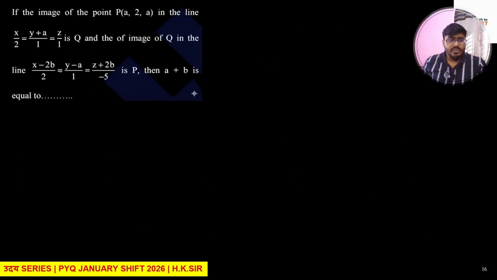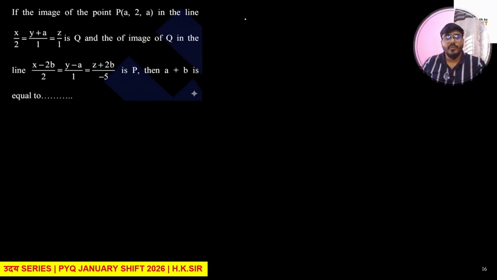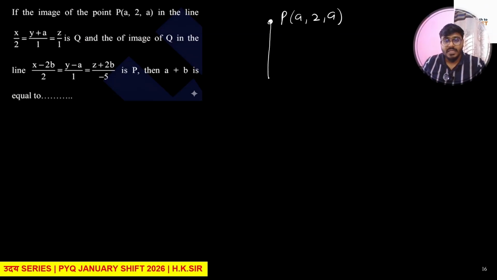Okay, so next question. In this question, what has been told to us is the image of a point P, that is point P is a comma 2 comma a, and the image of this point in this line is point Q. And Q is the image.